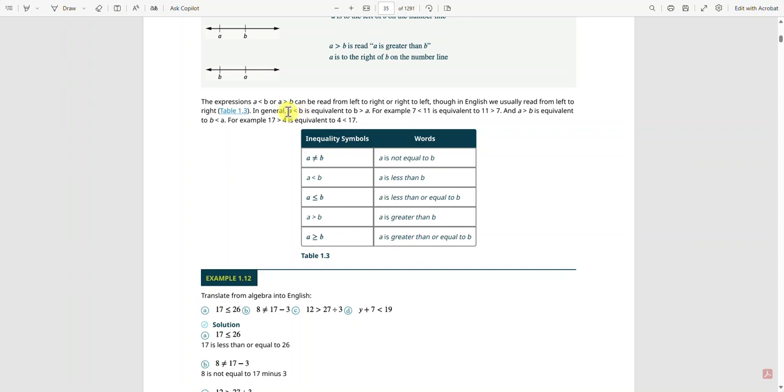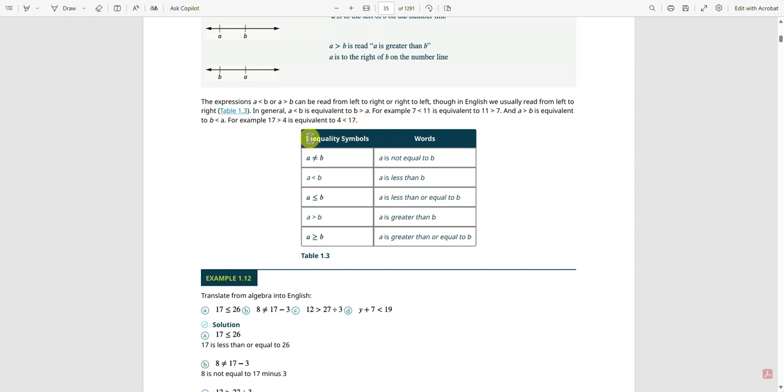We can start on the left and say A is less than B, or we can start on the right and say B is greater than A. For example, 7 is less than 11. That expresses the same idea that we read when we say 11 is greater than 7. A is greater than B is equivalent in value to B is less than A. 17 is greater than 4 is equivalent to 4 is less than 17.